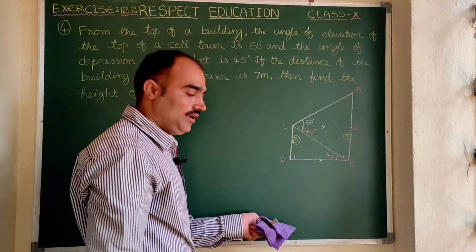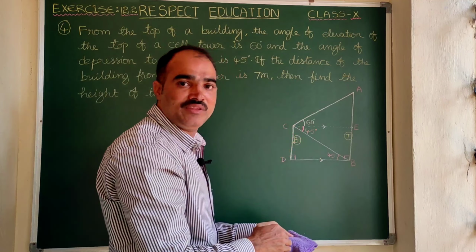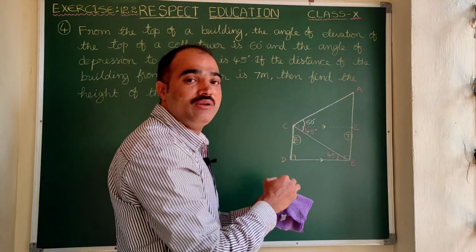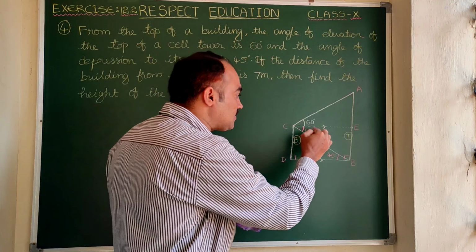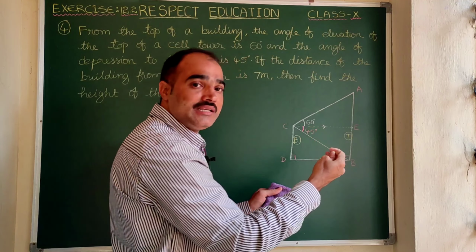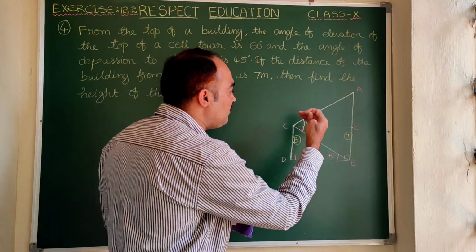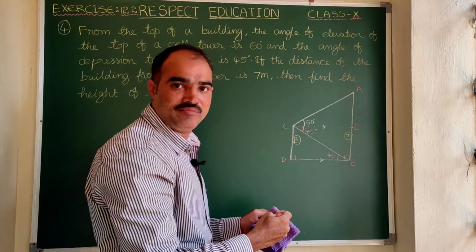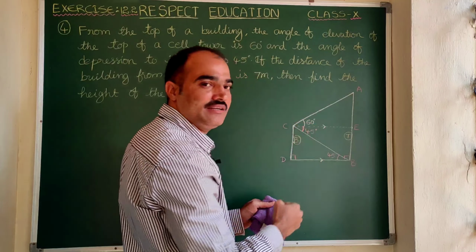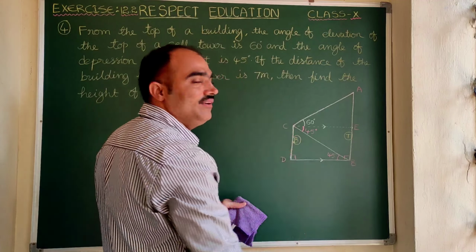This is how we convert angle of depression to angle of elevation, so that the process of doing the problem will be easy for us. That means here the angle of depression 45 degrees has now become angle of elevation. From C it is angle of depression, at the same time from B it is angle of elevation.